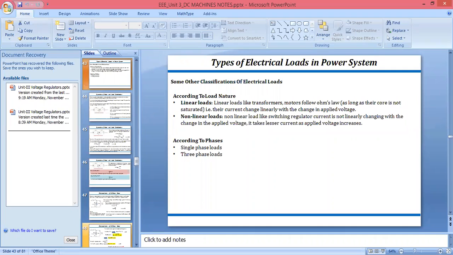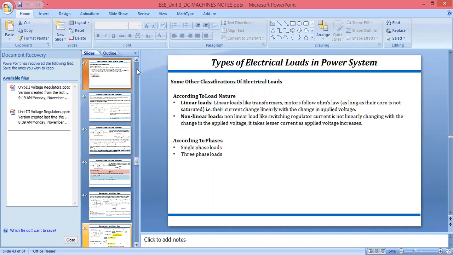In previous session, we have studied about the DC machines, DC motor and the DC generator. If there is a DC generator, it converts mechanical energy into electrical. And if there is a DC motor, it does the vice versa of a DC generator.